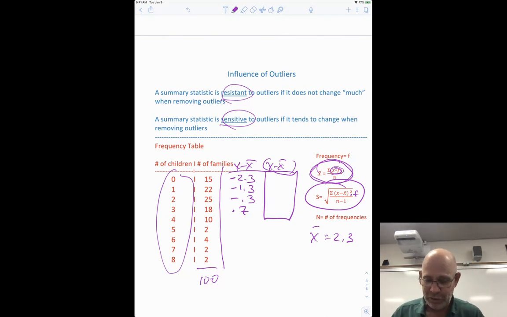I'm going to go to 2.3 squared, and then I'm going to multiply it by the frequency, 15, and I'm going to get 79.35. You would do this for all of these. I am going to show you a quicker way to do these in class later on, but for right now, you just got to go step by step.